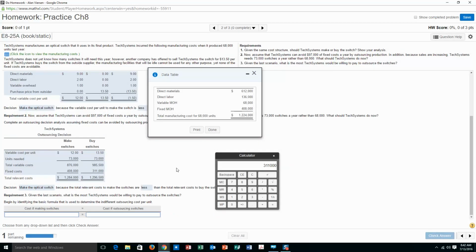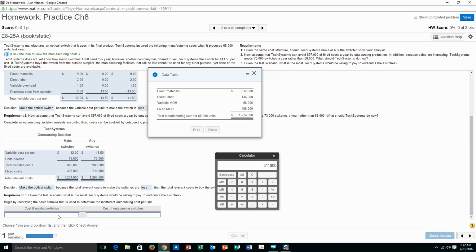Now, there's one last part to this, and it's a little bit tricky, but I'm going to show you how to do it. It says, given the last scenario, what is the most that tech systems would be willing to pay to outsource the switches? Begin by identifying the basic formula that is used to determine the indifference.